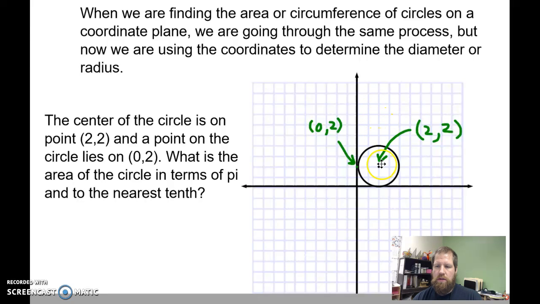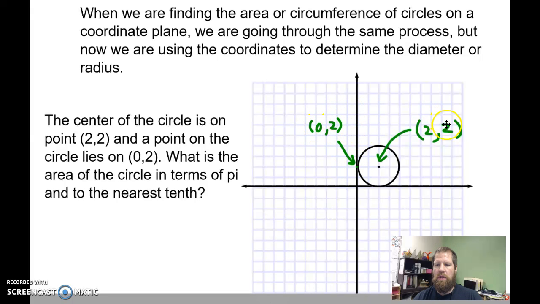We will simply be given the center of the circle sometimes and a point on the outside. All right, and it's up to us to figure out the distance. So if I'm looking at this circle, I see my center is at 2, 2. My one point on my circle is at 0, 2.